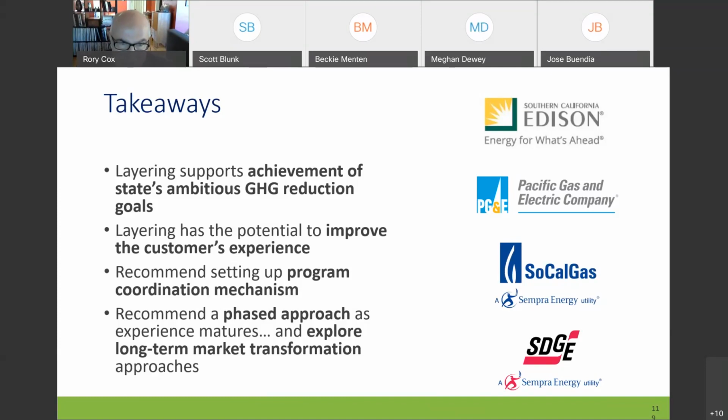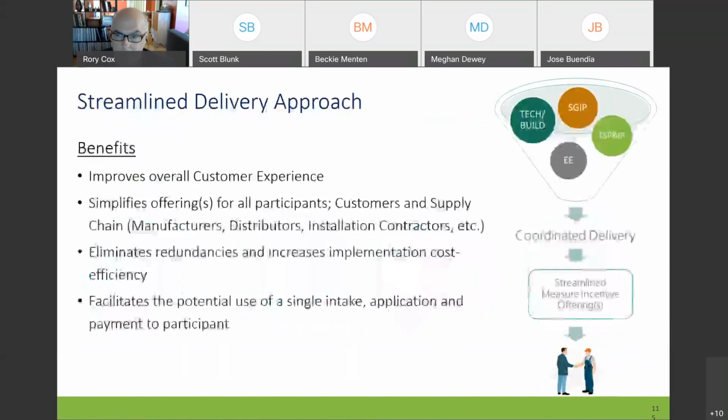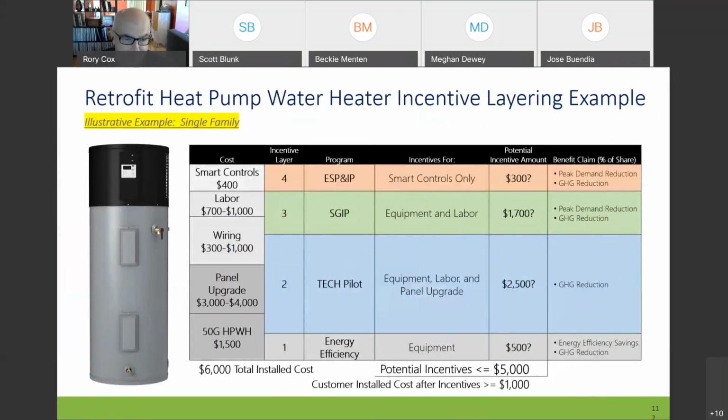Rory, this is Megan Dewey with PG&E. Yes, I would agree, and I think there are certainly opportunities, but when you look at some of the examples, it's less complicated because it's usually one or two programs. Now if we go back to Jose's beautiful slide that I loved, because it was so illustrative on many different levels of showing, wow, here's the opportunity, but oh, wow, here's the complexity.